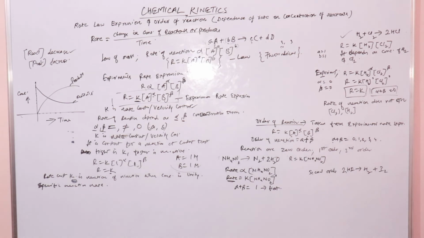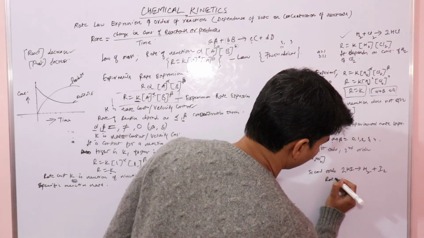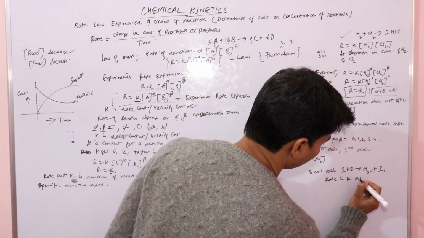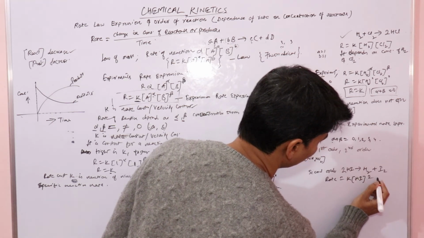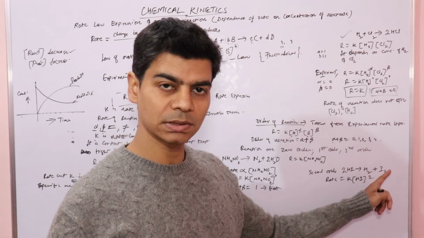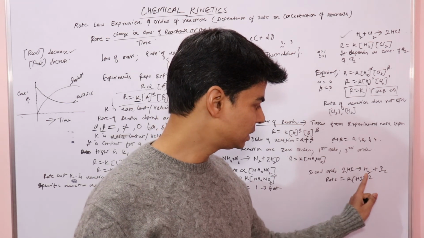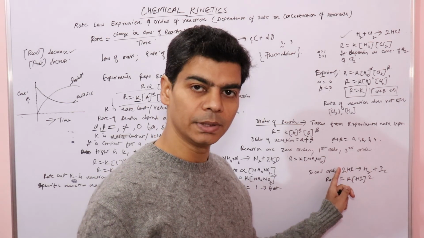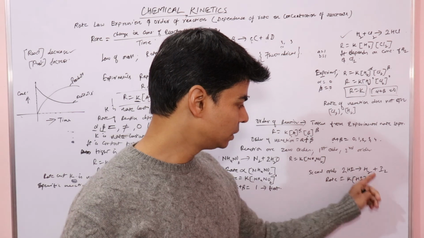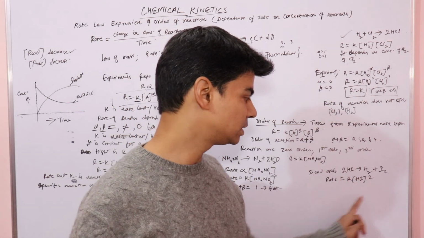If you want to find the order of this reaction, experimentally we found that the rate is equals to K hydrogen iodide squared. So this concentration term with power 2 is the same as in your balanced chemical equation. So here also the rate expression for the theoretical case and for the experimental case is the same.